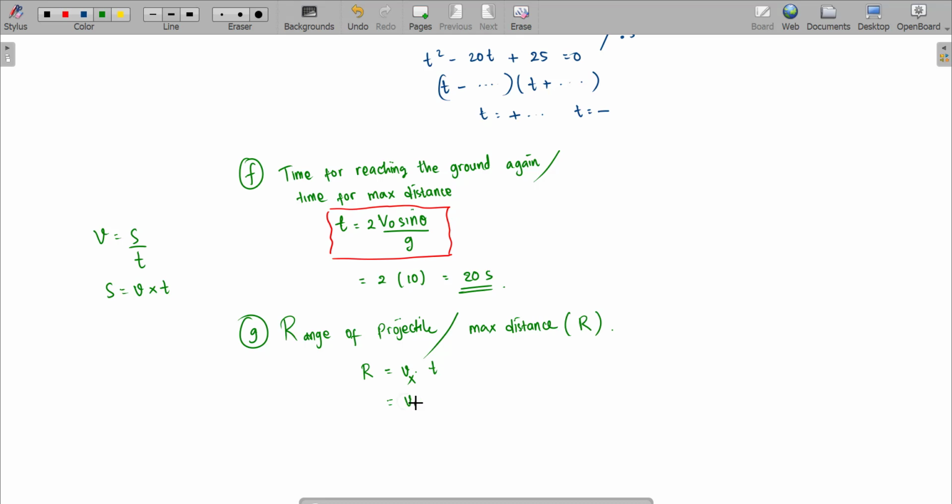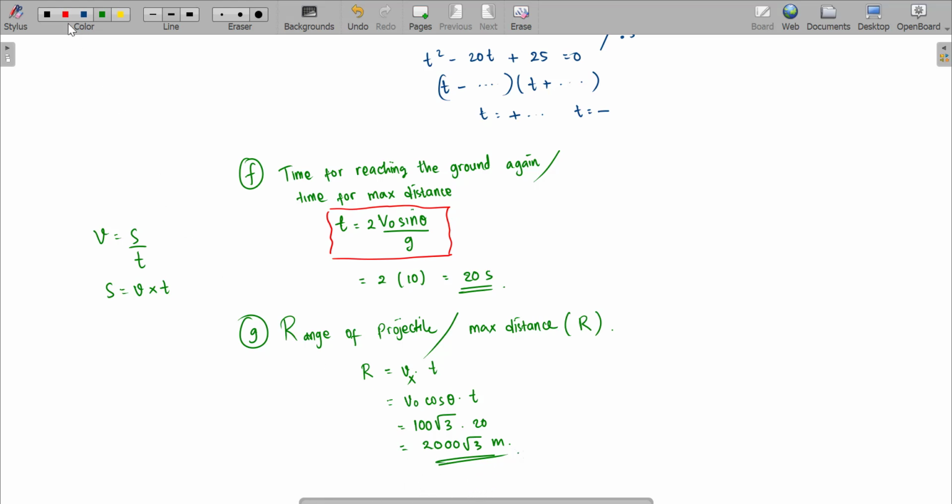So Vx is, don't forget, V0 cos theta times T. How much is V0? 100 cos theta, root 3, yeah, with total time 20. So the maximum distance or the range of the projectile is 2000 root 3 meters.